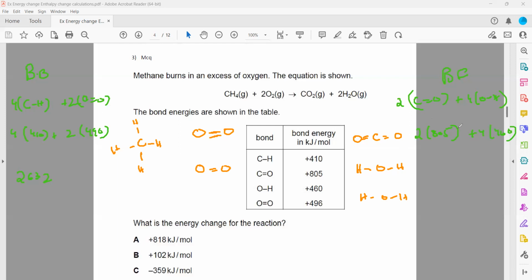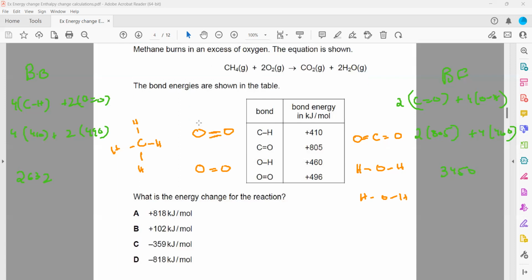So 460 times 4 plus 805 times 2, and we'll add them. So we'll get 3,450. That is the bond forming energy.